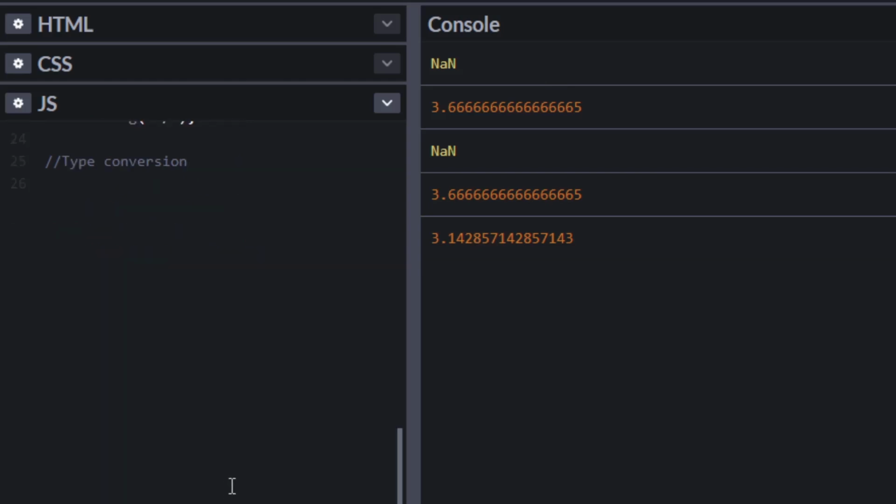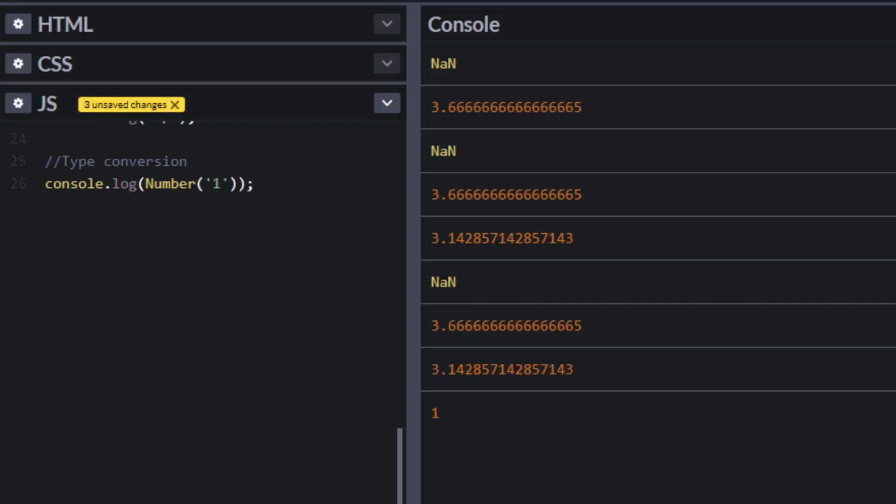You can also explicitly convert from one type to another, and to convert something to a number, you use Number followed by brackets and anything inside that you want to convert. Let's say you have a string which has 1. If I try to convert this, it will show 1.